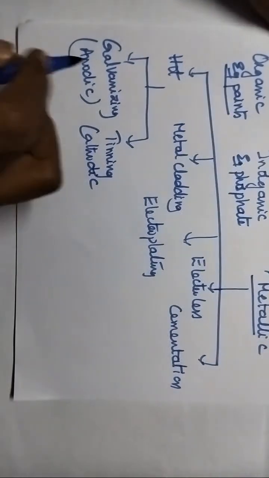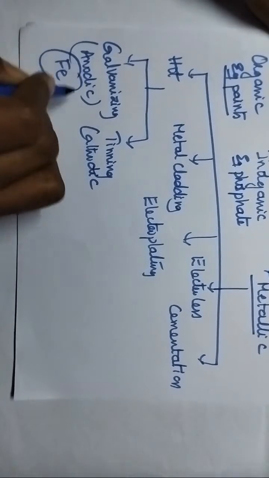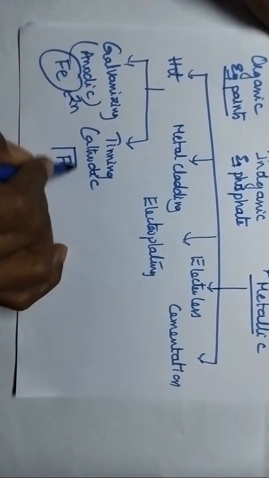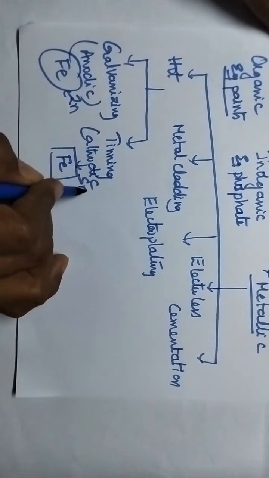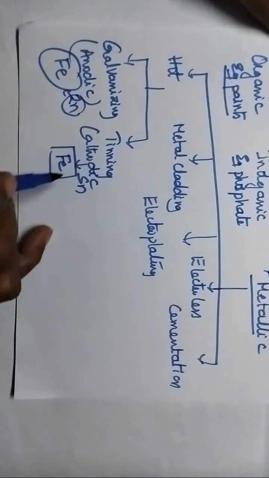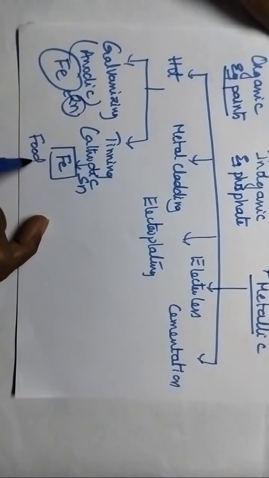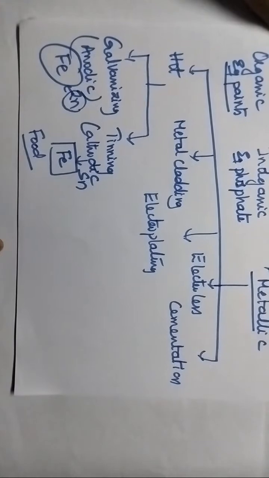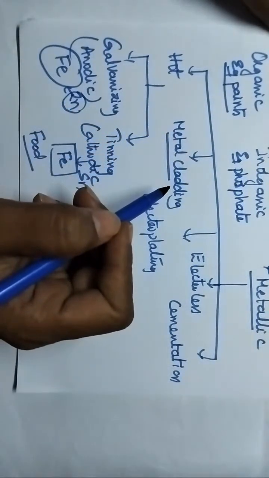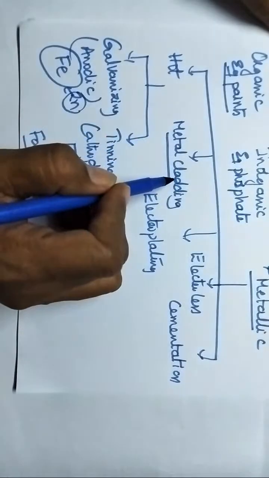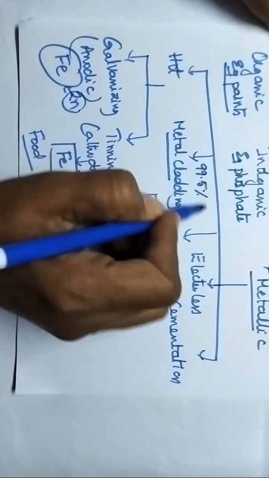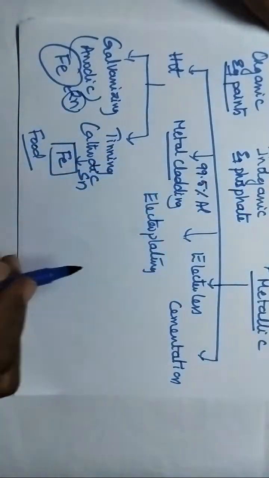Galvanizing involves the coating of iron with zinc metal, whereas tinning involves coating of iron with tin metal. Zinc is toxic in nature, that's why food material can be stored in tin coated articles. Especially aluminium articles can be protected from corrosion through the metal cladding process, where they will use 99.5% pure aluminium.